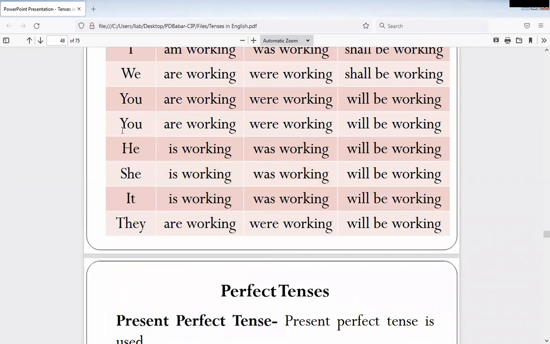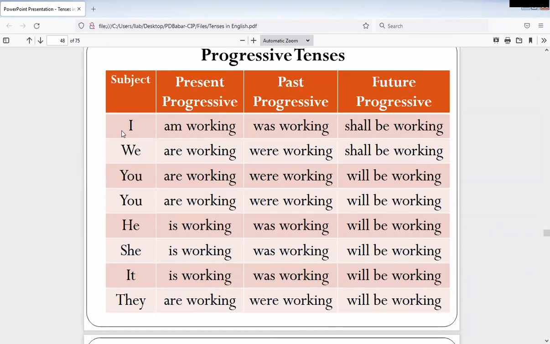So today we have done the future progressive, and the last chart, that is the whole chart of progressive tenses: present progressive, past progressive, and future progressive all in one. You can use various main verbs for this chart.